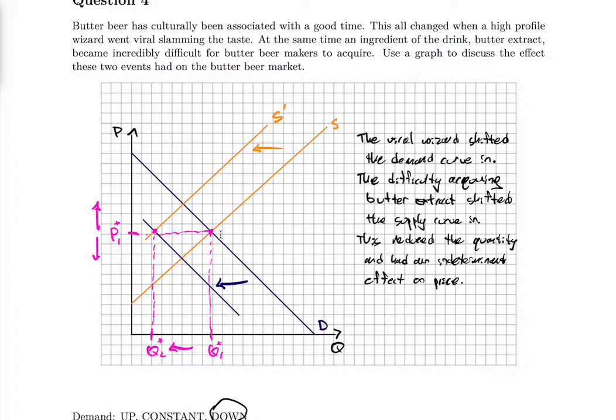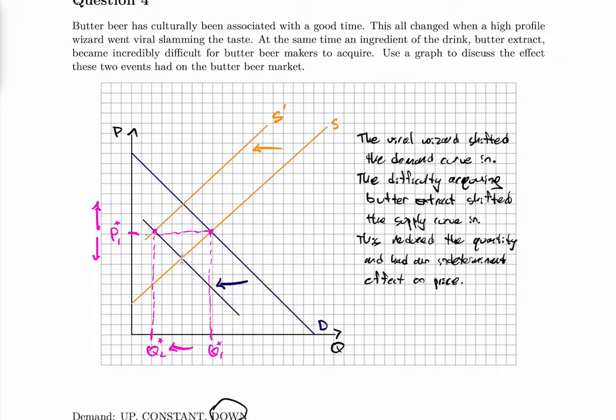So our original equilibrium was at this point, and our new equilibrium is at the intersection of our new supply and our new demand at this point. So we know both of these forces move quantity down. When demand shifts in, that lowers prices and lowers quantities. So we go to this point.